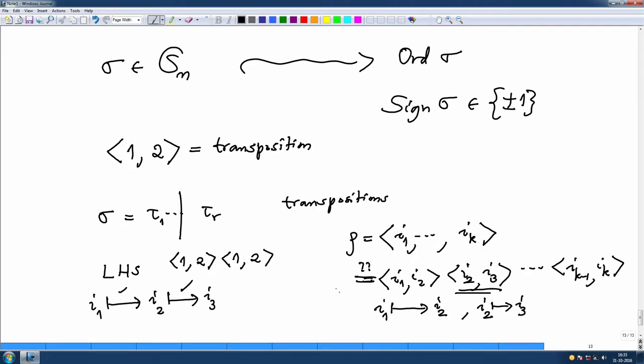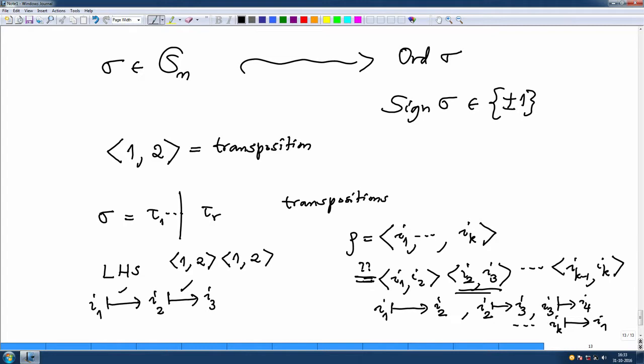Similarly, i3 will go to i4, same reason. Let me check only the last one. Where does ik go? ik goes to ik minus 1 here, ik minus 1 goes to ik minus 2, and so on, it goes backward, so ik will go to i1.